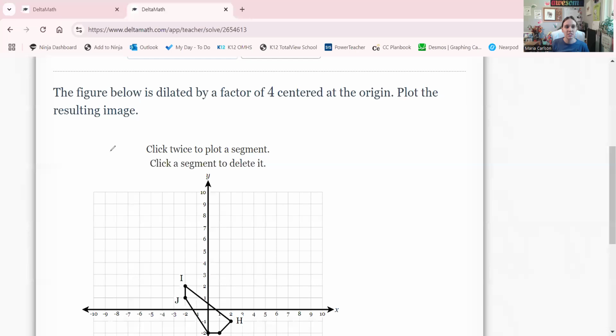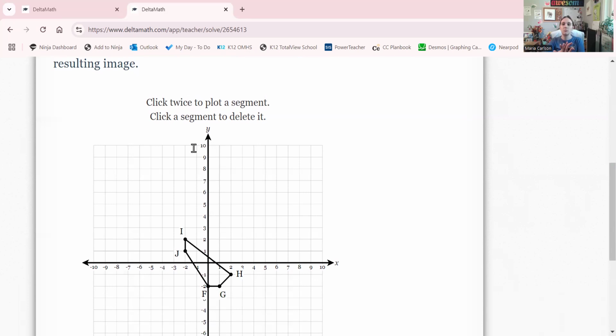So this question states the figure below is dilated by a factor of 4 centered at the origin. We're going to plot the resulting image. Dilation literally means you are taking the entire thing and zooming it out, making it larger, stretching it out, or you are condensing, pushing it in.